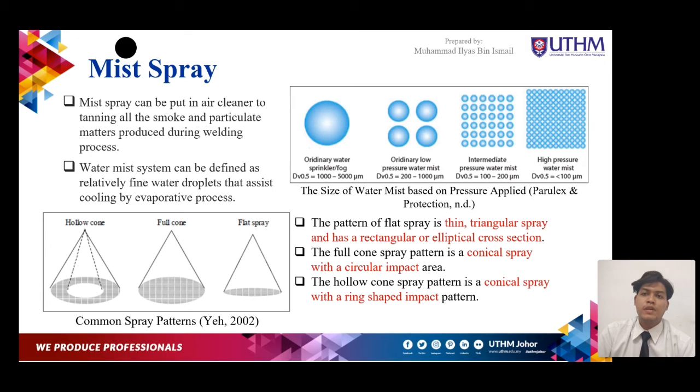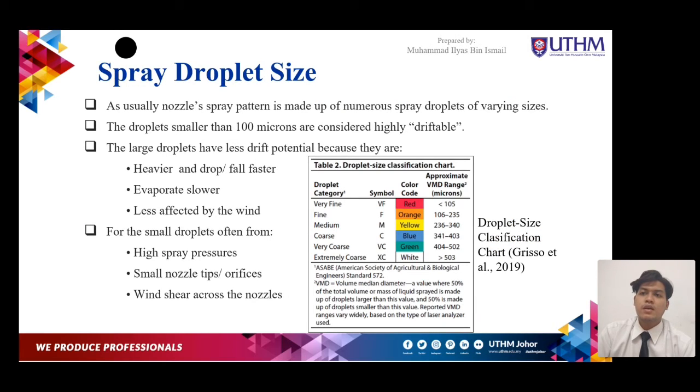The figure at the right shows the size of water mist based on the pressure applied, and the figure at the left bottom shows the common spray patterns from the flat spray, full cone spray, and hollow cone spray. Move on to the next slide, which is spray droplet size. Usually, a nozzle spray pattern is made up of numerous spray droplets of varying size.